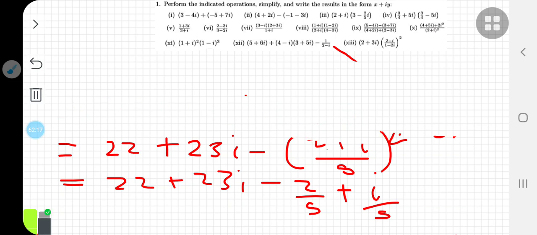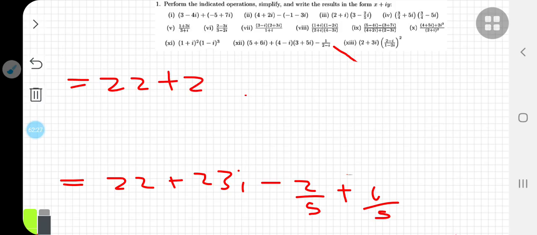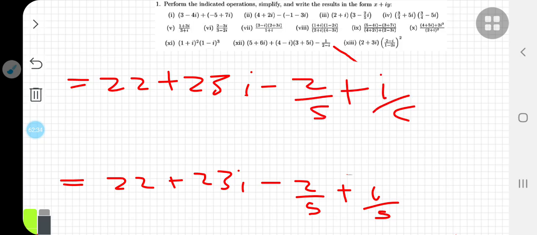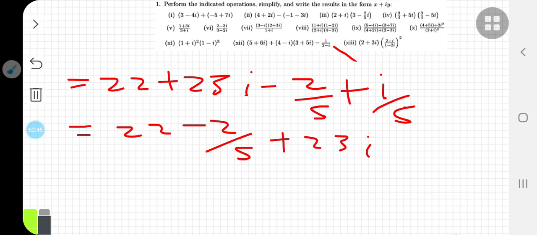So now let's look at this. We continue solving. We're going to have 2 plus 23i minus 2 over 5 and plus i over 5. So we're going to have 22 minus 2 over 5 plus 23i plus i over 5.